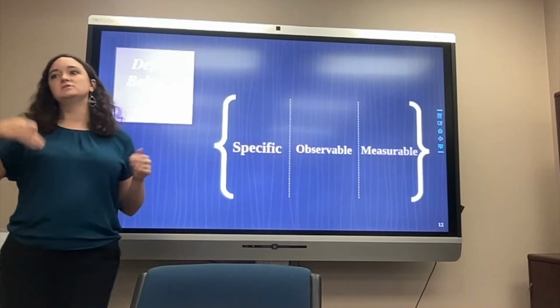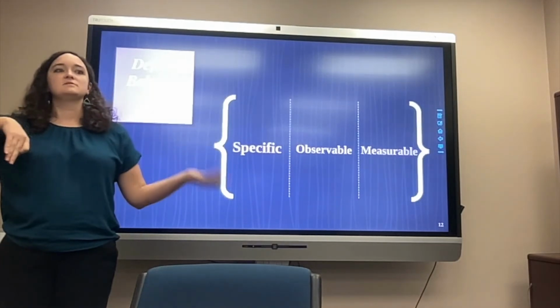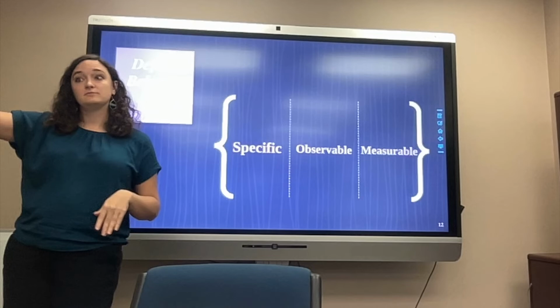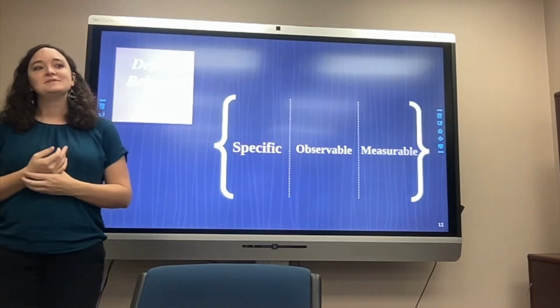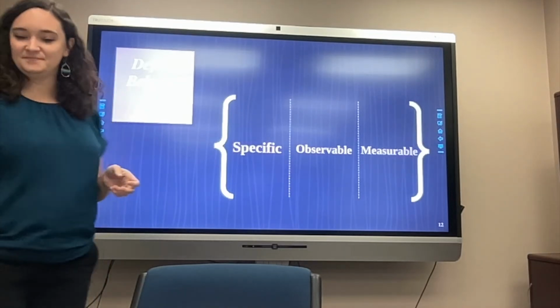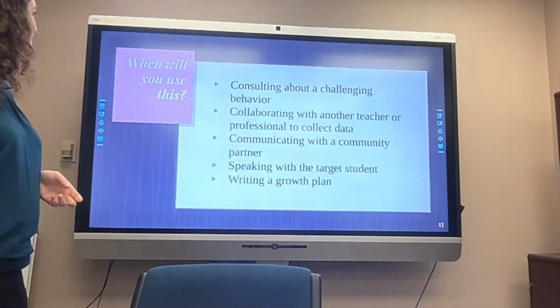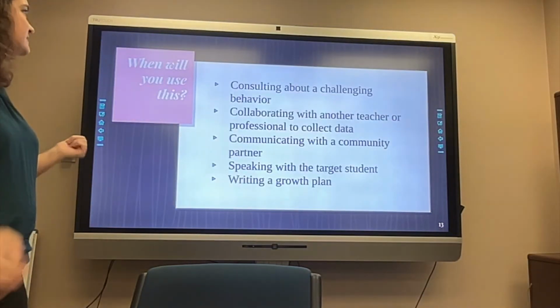Like I said, I just like to talk about these generally, about how to select appropriate behaviors that you're then going to reinforce or punish. But we're going to prioritize reinforcement because that in general is better, says science. When are you going to use this?